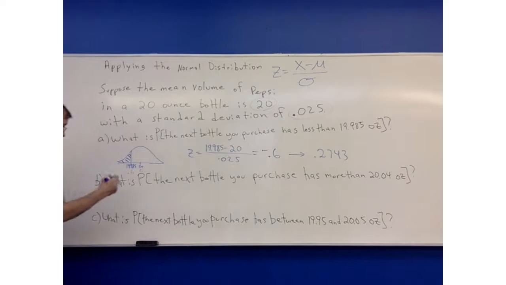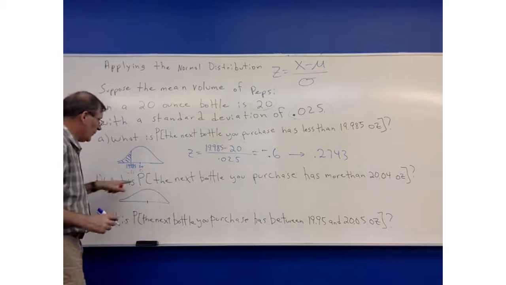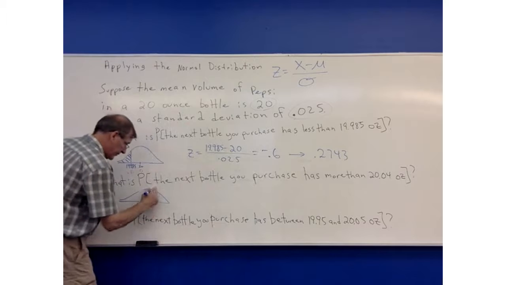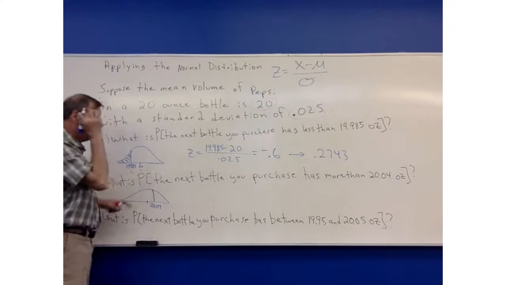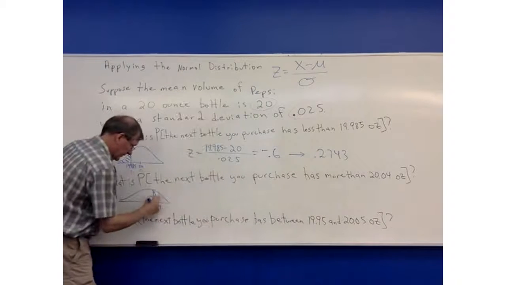Okay, let's look at this next one. Same type thing, 20's in the middle. What is the probability the next bottle you purchase has more than 20.04? 20.04 is to the right of the mean. And it says purchase has more than that number. More.